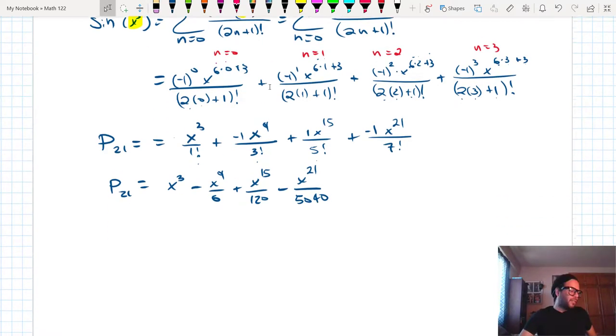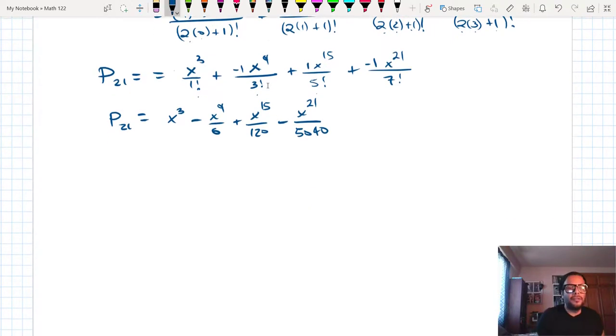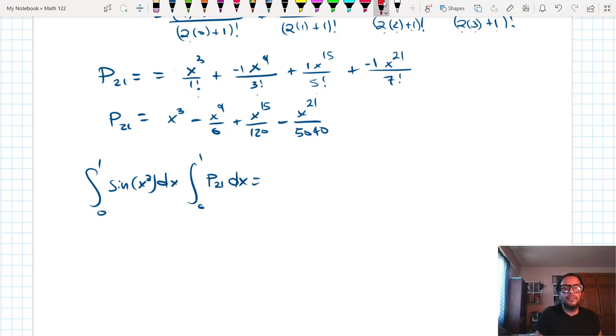All right, now let's go back to the integral. So the integral from 0 to 1 of sine of x cubed dx will be the integral from 0 to 1 of P21 dx, which in this case is this quantity right here.